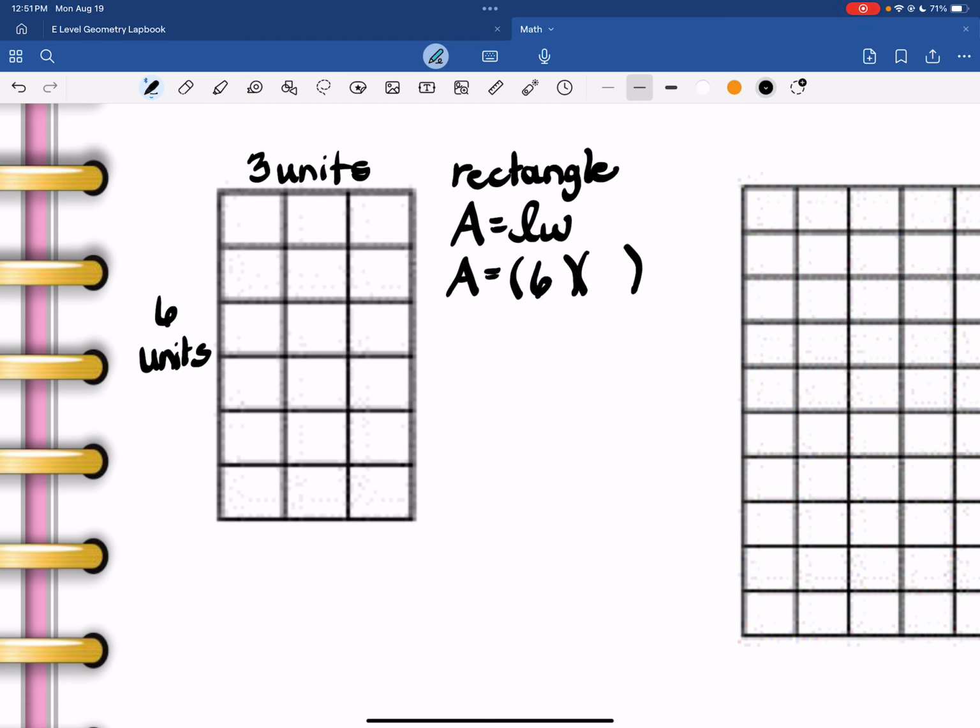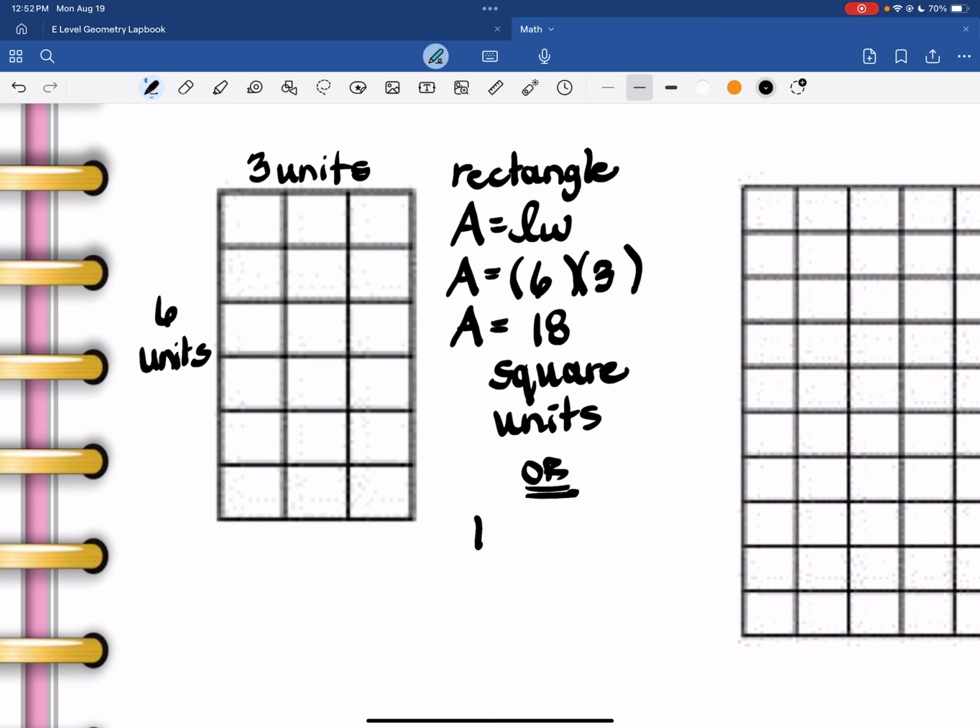So 6 by 3 or 3 by 6, it will work either way. 3 6s are 18, so that's 18 square units. And remember, you can also write it 18 units with the little 2, that means square units.